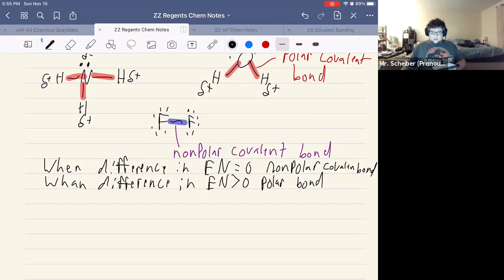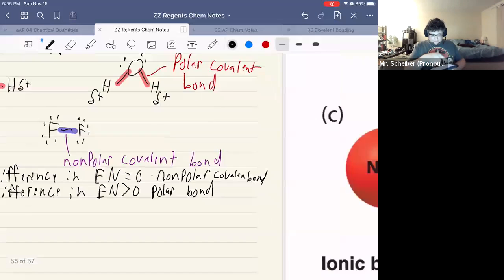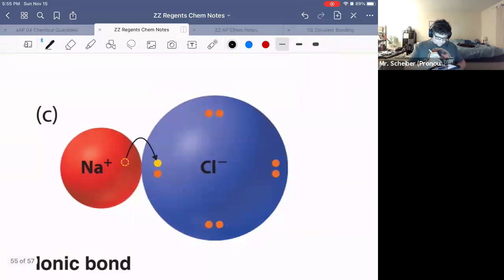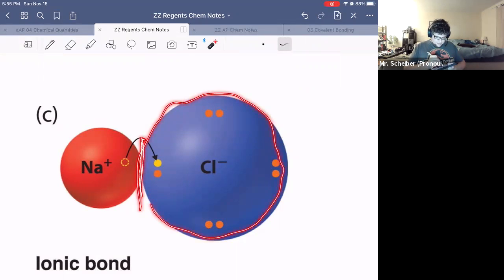Now, biggest difference, and I know I talked about this before, but I like pictures. The biggest difference between an ionic and a polar covalent, if we look at pictures, we can see here, this is our NaCl friend once again, and we can clearly see this divide right here, where there's the Cl and where there's the Na. Those are two very different things.